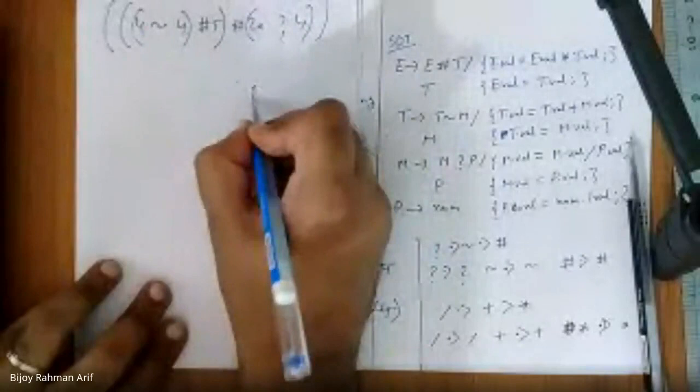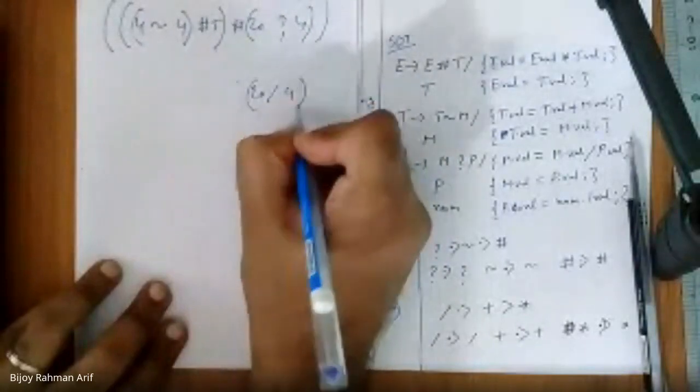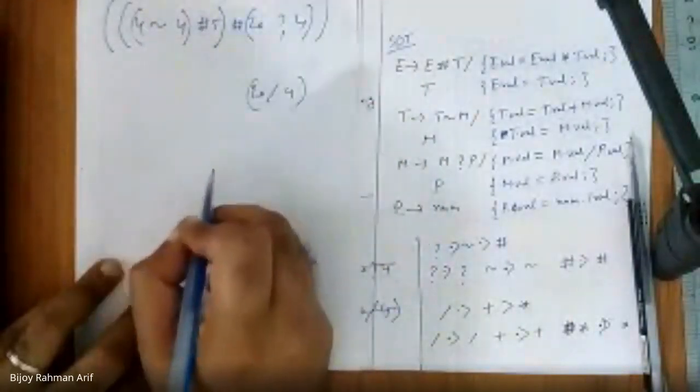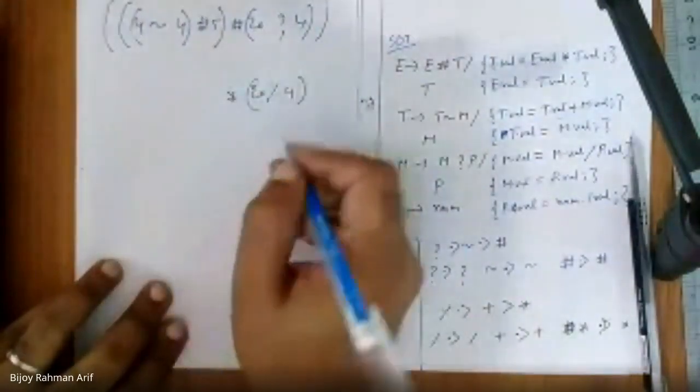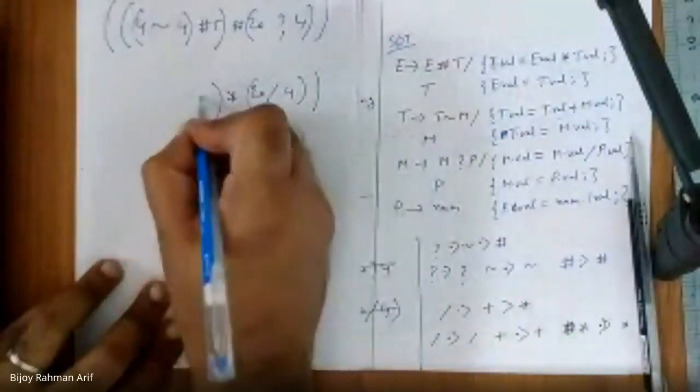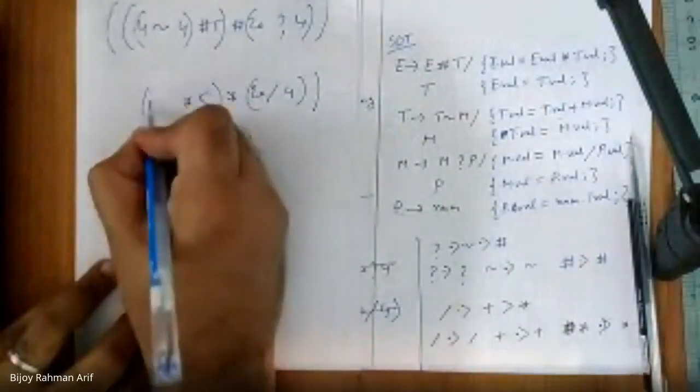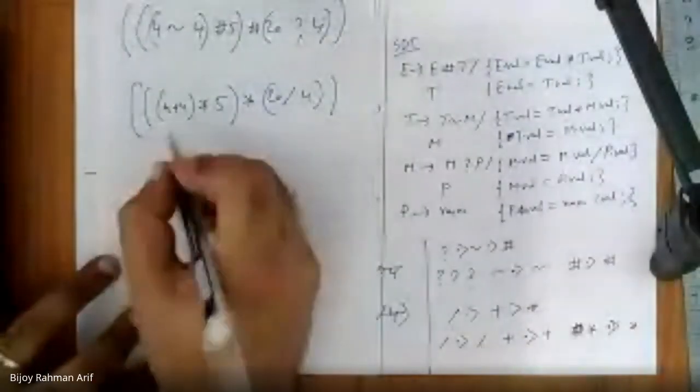Now just change the operators. This one is nothing but division. Hash is what? Star. Then star, finally 4 plus 4. Done. Now complete the example with brackets.